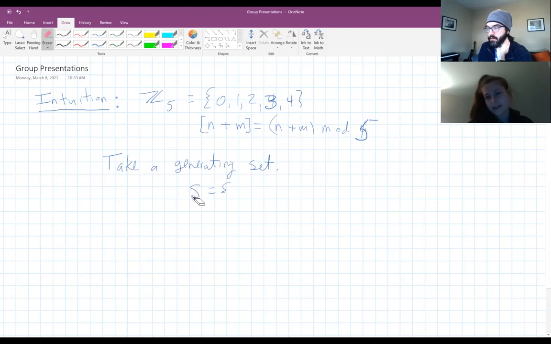Do we include the identity in the generating set? You can, but the identity alone can't generate it, because 0 plus 0 plus 0 is always going to give you 0, right?